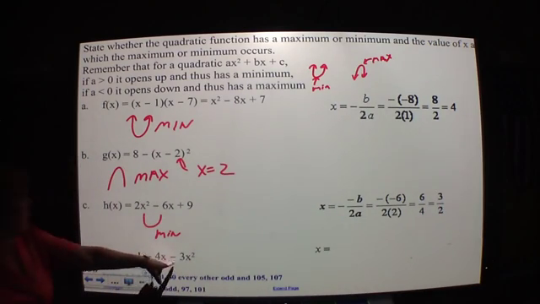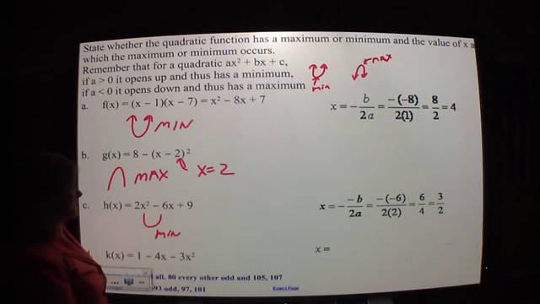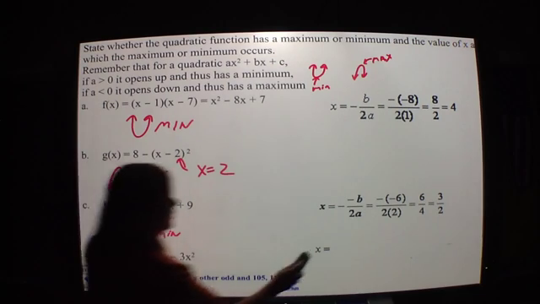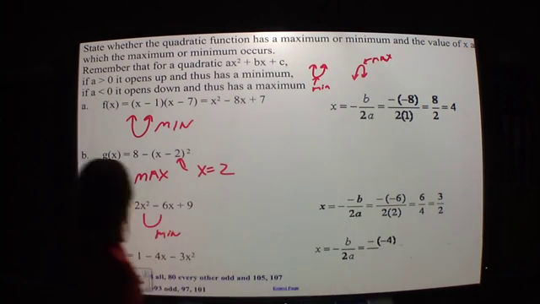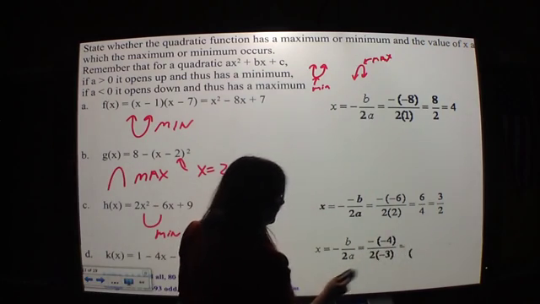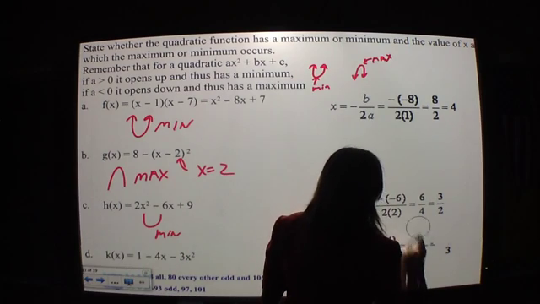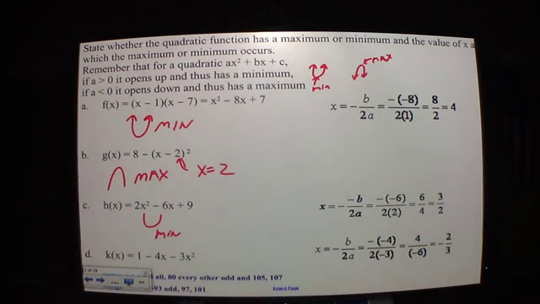The next one opens downward. X is the opposite of b, so 4, over 2a. A is negative 3. So 2 times negative 3 is negative 6. So 4 over negative 6, which would be negative 2/3 when you reduce it.